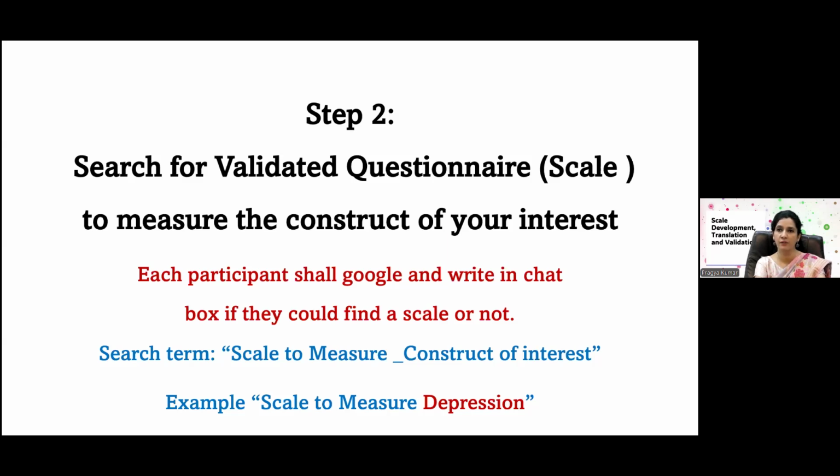So you have to define your construct, and all of you please do this activity. There are also other sites like PsycInfo and CINAHL databases where you can search for these scales, but right now only do it in Google. So, scale to measure. Did you get any scale?